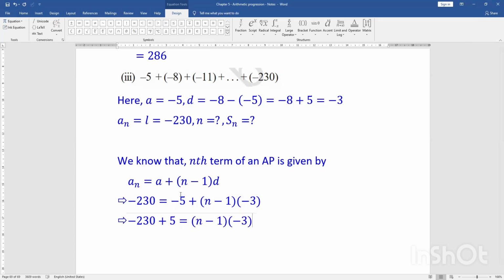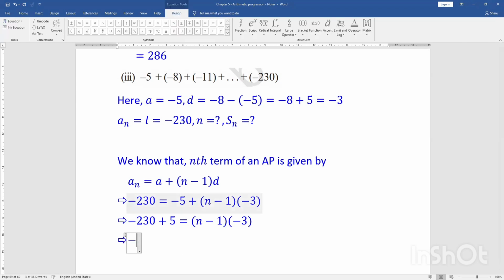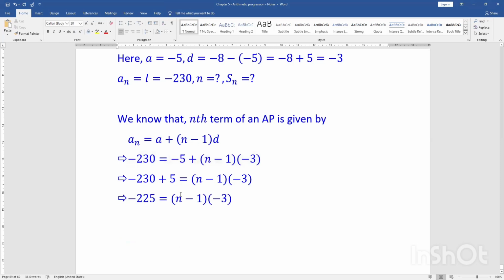Then next step, -230 plus 5 will be -225, right? So -225 equals n minus 1 into -3. Now see what we are going to do. We are going to do the cancellation, right, children? So let's do the cancellation.